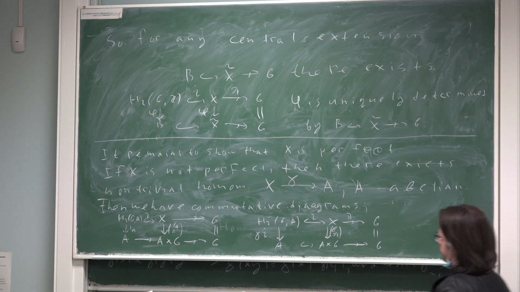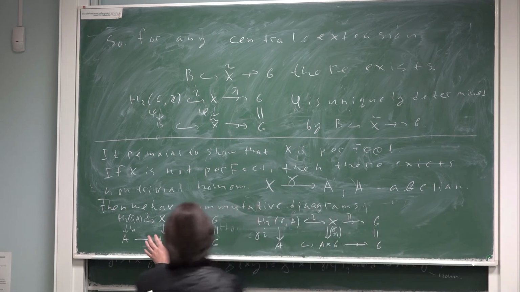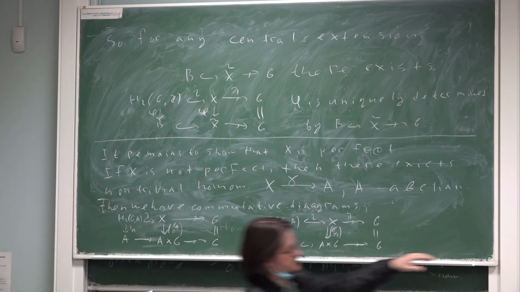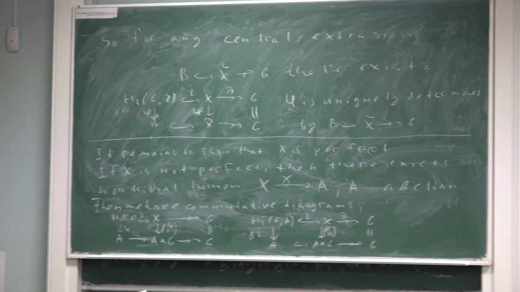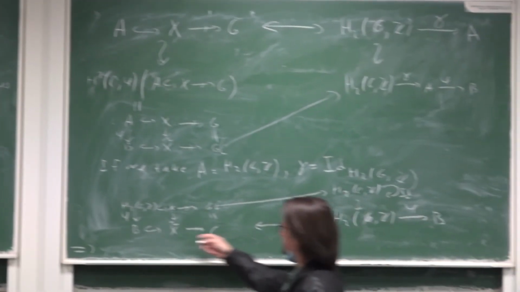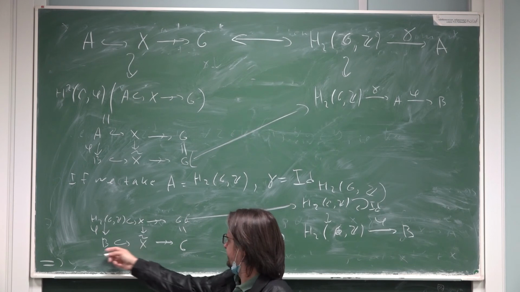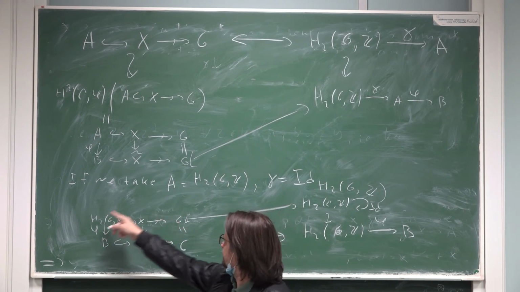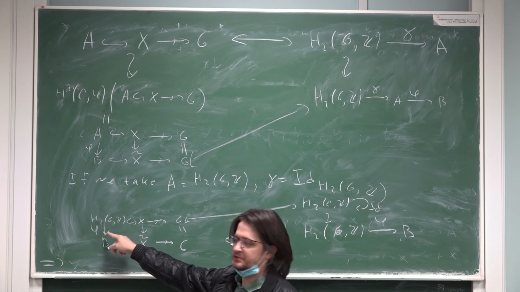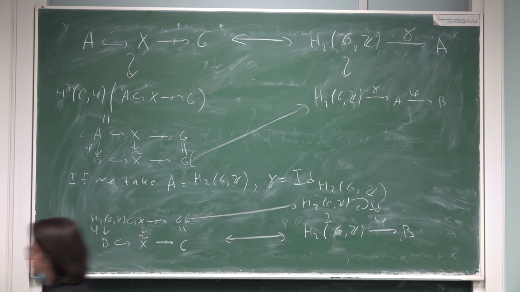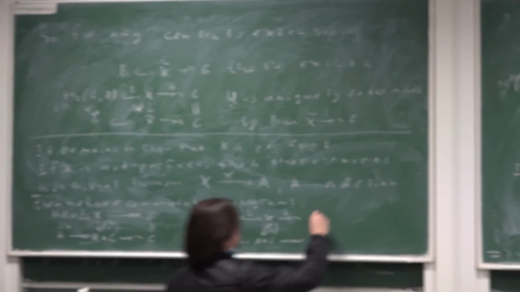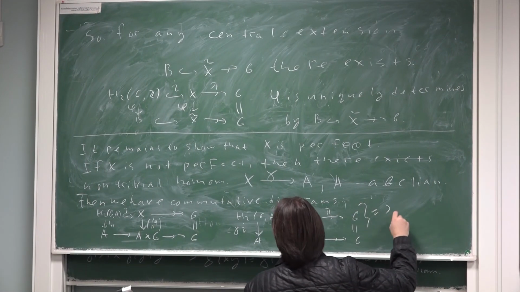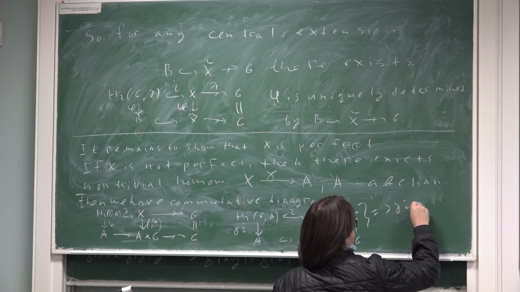So, since this correspondence is one-to-one, yes, for each central extension there is such a diagram, and phi is uniquely determined by the central extension. And here we have the same central extension. Then gamma iota is equal to 1a.